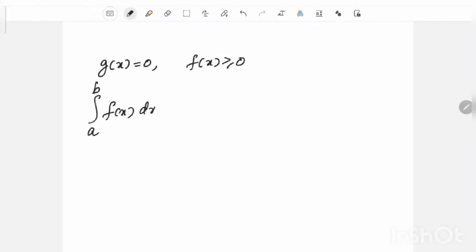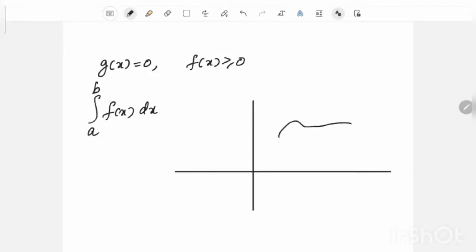So if in the above case g of x is equal to 0, then f of x is greater than or equal to 0, and the integral a to b f of x dx gives the area between the graph of f of x and the x-axis in the given interval.